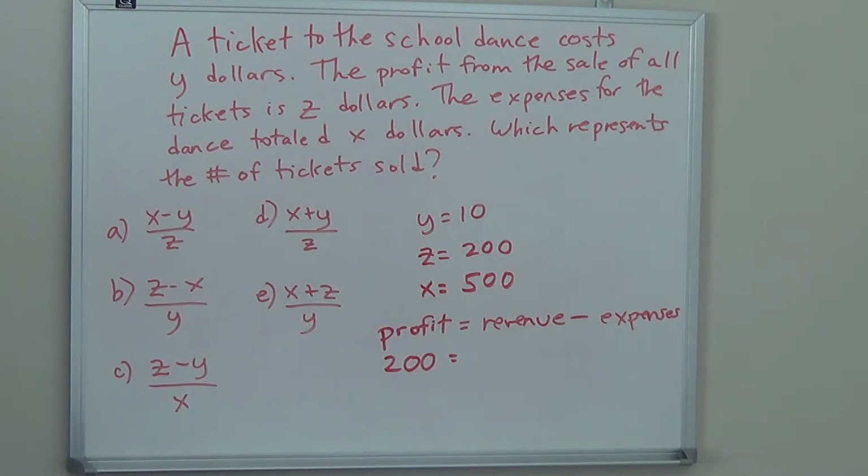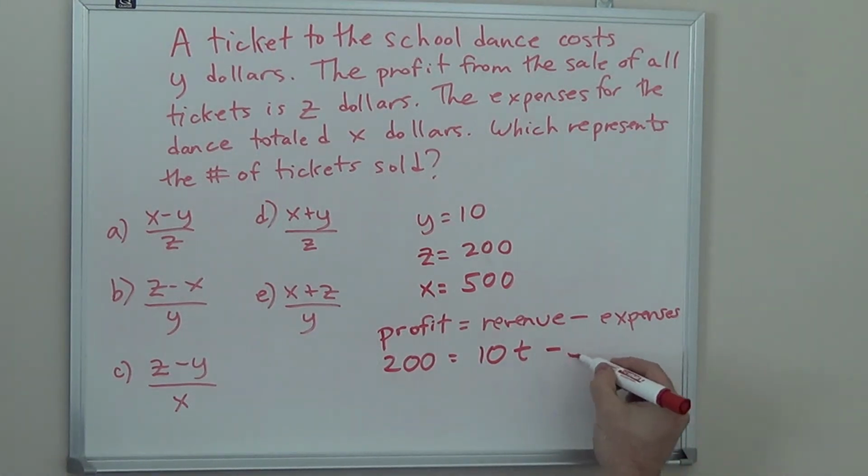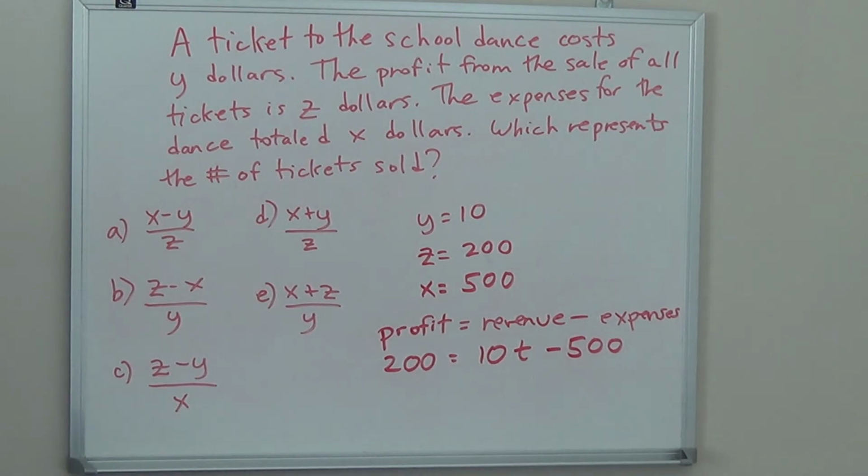Now the issue is we don't know how many tickets we're going to sell, so we'll just call that T. Every time I sell a ticket, we bring in $10, so our revenue is $10 times T. And our expenses, well, it's going to cost us $500 to put this dance on. Alright, so let's clean this up and solve for T. That should tell us how many tickets we're going to sell.